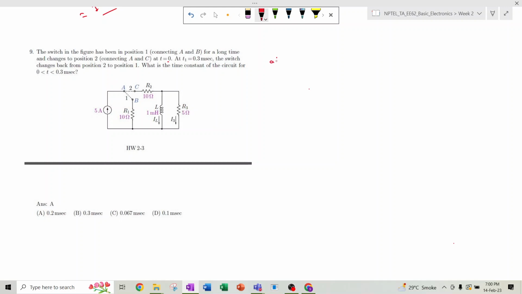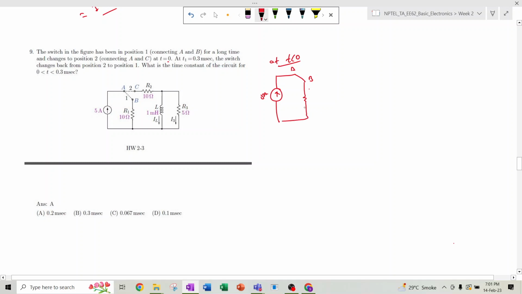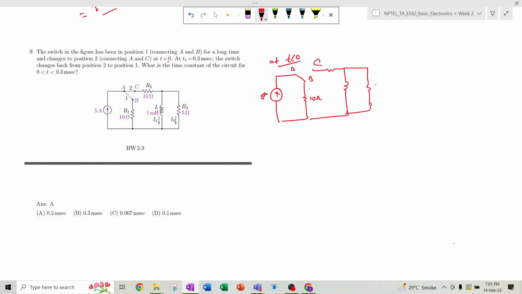So at time t less than 0, what is the circuit? The circuit is 5 ampere, and then A is connected to B, so B here, A here, and here is 10 ohm, and this part is C. So this is 5 ohm, this is 1 millihenry, and this is 10 ohm.